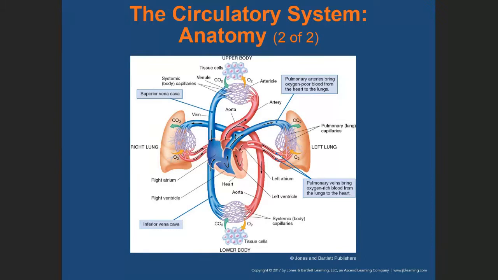Now, unlike the white blood cells, the red blood cell cannot move on its own, right? Its movement has to be facilitated by plasma, which is the fluid portion of the blood. Plasma transports all of these components to various areas within the body.